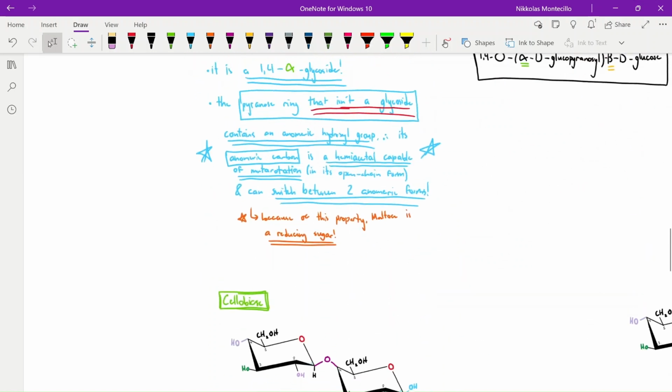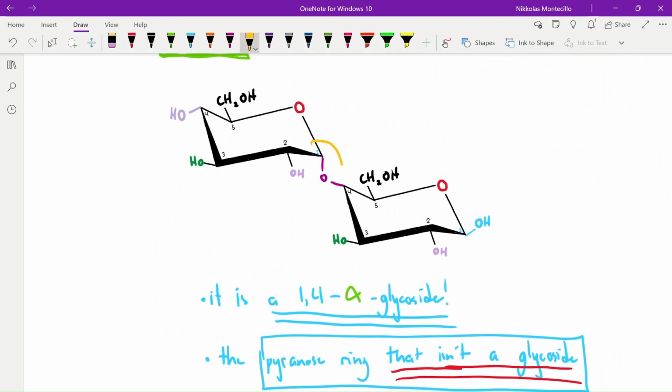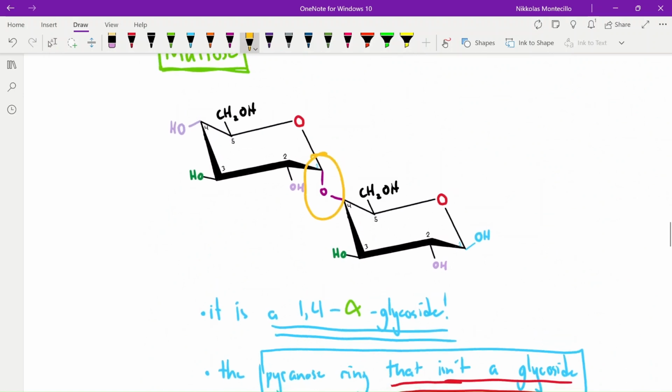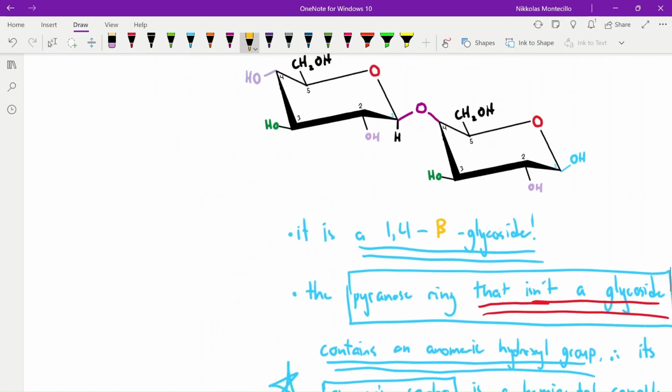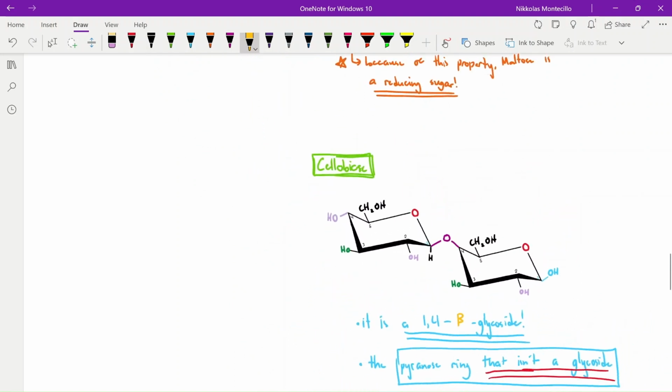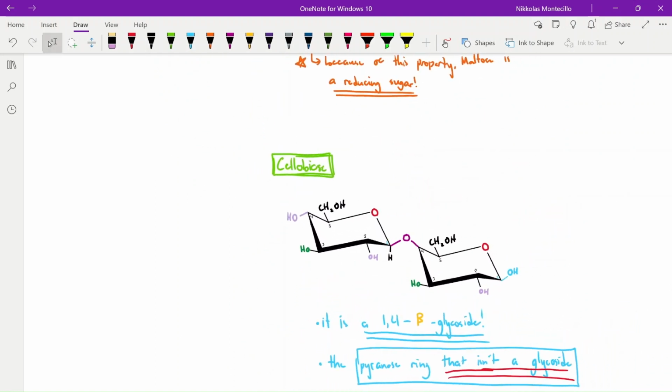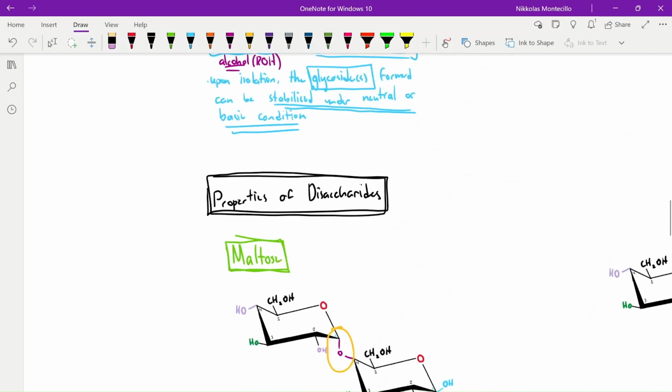You can see here that the configuration for maltose is alpha, while the configuration for cellobiose is beta, and that's why we assign these names, because of the difference in their spatial configuration.